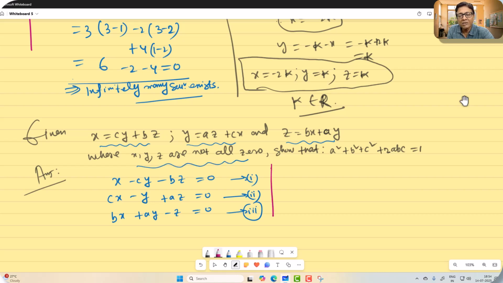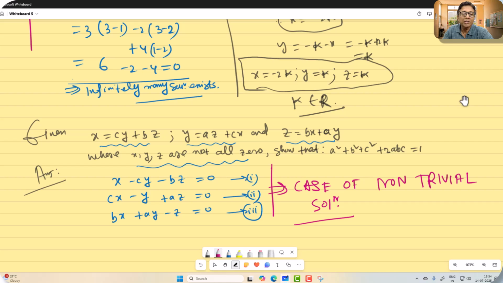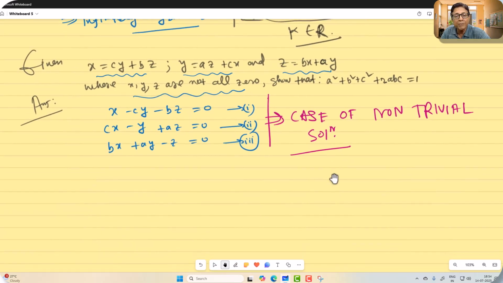So it means this is the case of a non-trivial solution. Non-trivial means non-zero, at least one of them non-zero. So the condition for it is that the coefficient determinant must be equal to 0.